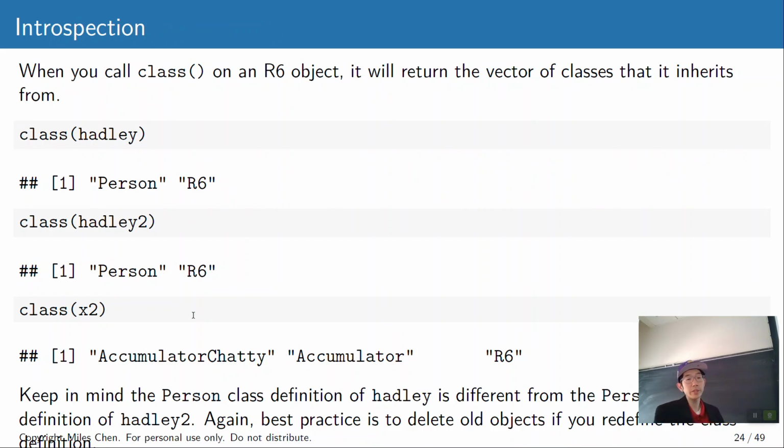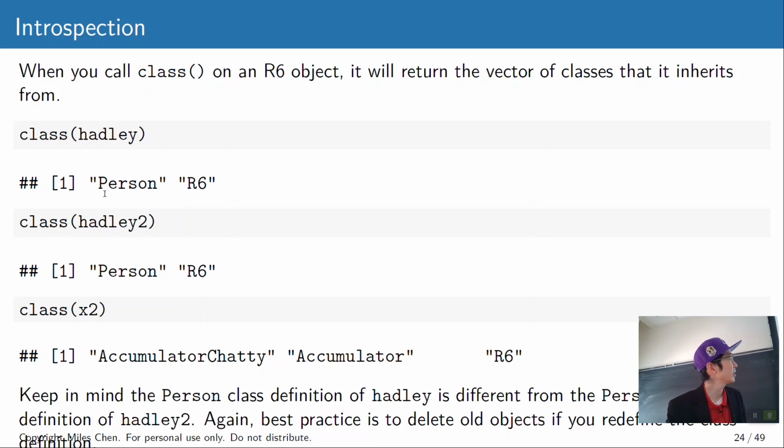When you call class, in S3 you can call class on an object, and it will tell you what kind of class the object is. Here again, it does the same kind of thing. If you are using an R6 object, it will give you the name of the class, and all of them will be a vector, and the last value in the vector will be R6.